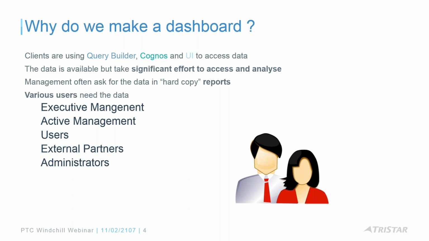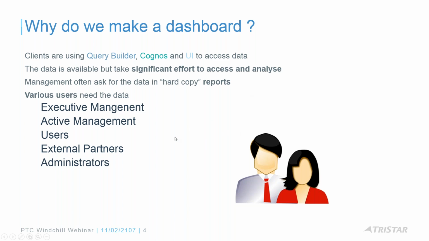So various users within the company need some level of information within the system. People are compiling reports for these various users, giving different lenses into that information, and that's very time consuming.